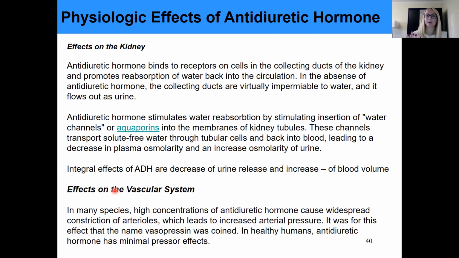So the main effect of antidiuretic hormone is to decrease urine release by increasing reabsorption of water, which leads to an increase in blood volume. Antidiuretic hormone also has some effect on the vascular system. In many species, a high concentration of antidiuretic hormone causes widespread constriction of arterioles, which leads to increased arterial pressure.